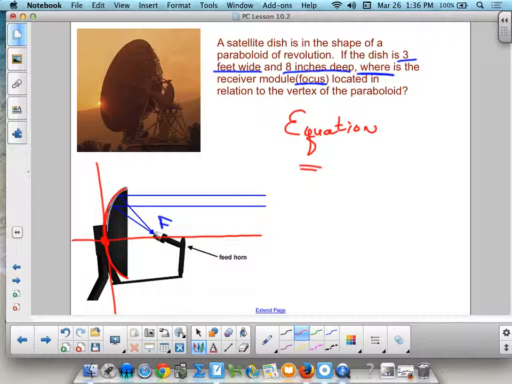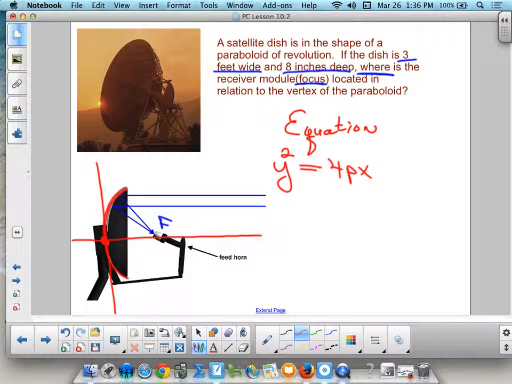If it goes to the right, you do y squared. Because the vertex sits right at the origin, this is the easy formula: y squared equals 4px. It's not the formula I gave you yesterday, where y minus k squared equals 4p times x minus h.